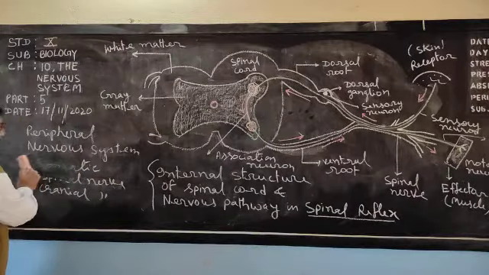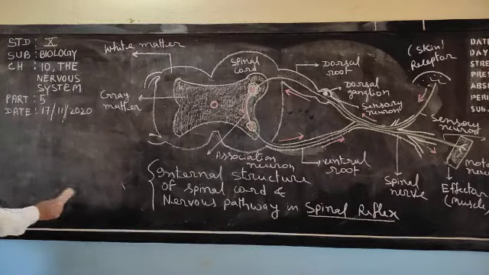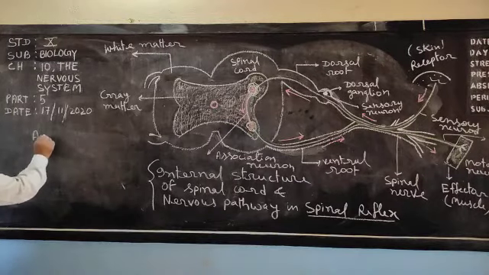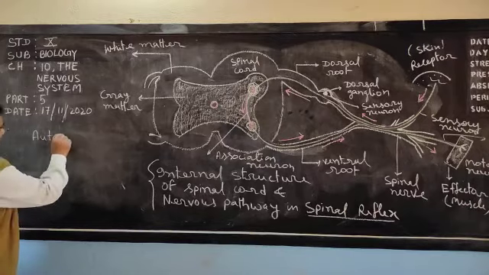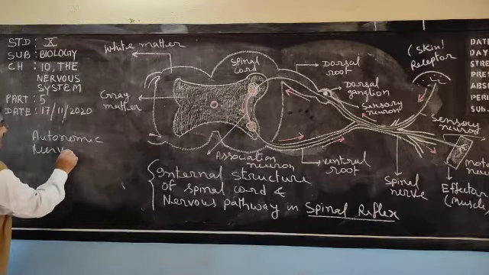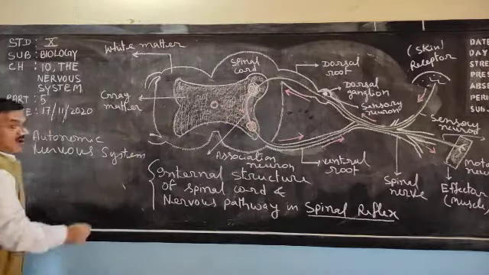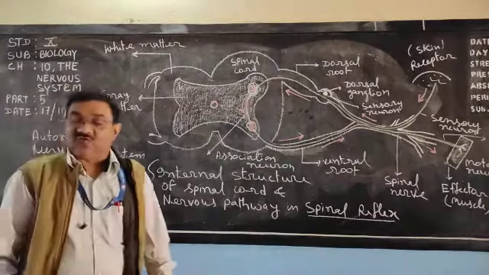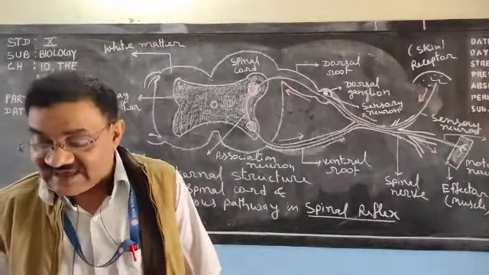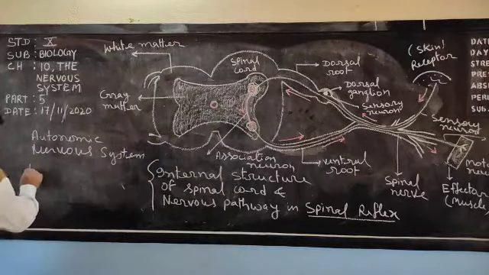The second type of peripheral nervous system is the autonomic nervous system. The autonomic nervous system is of two types, and those two types are sympathetic and parasympathetic.